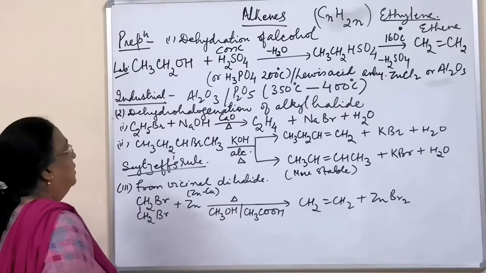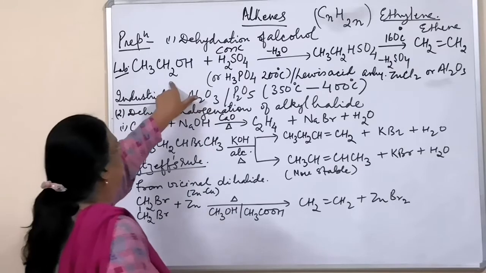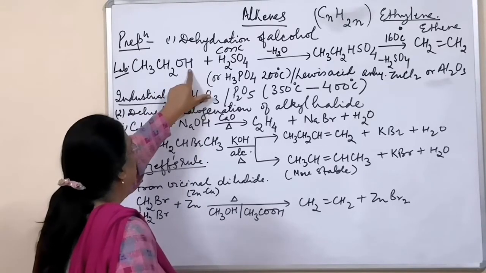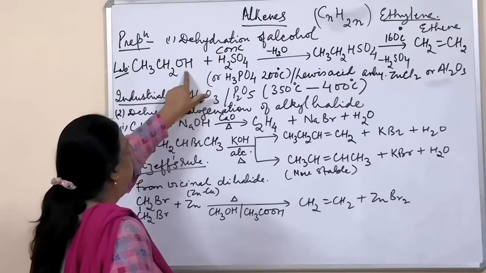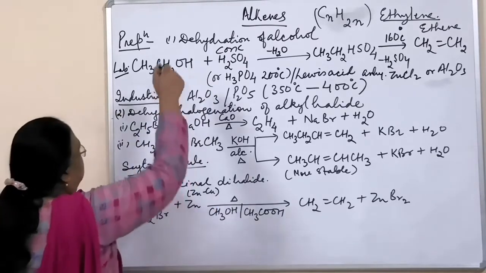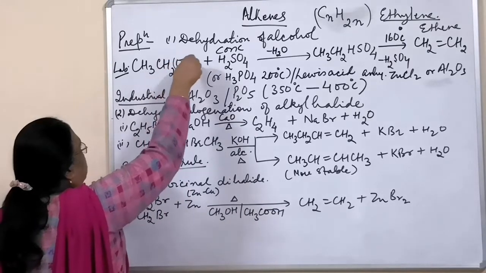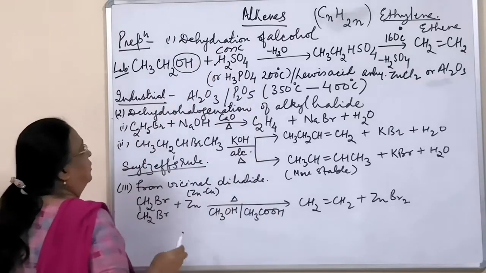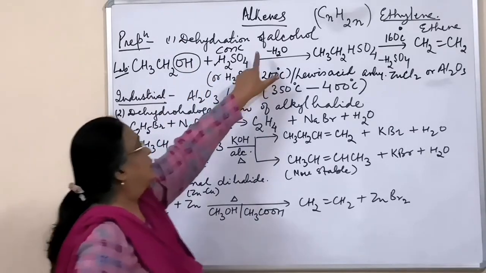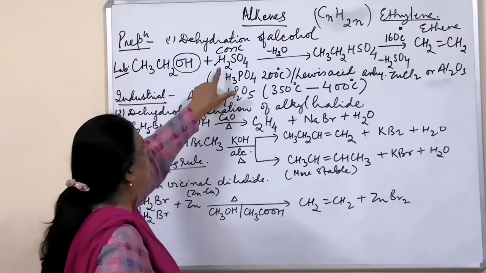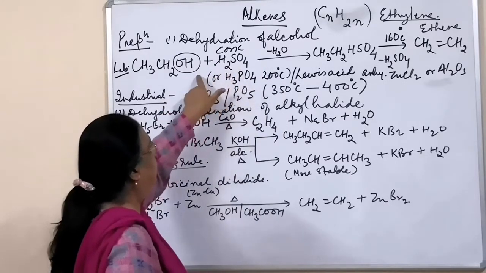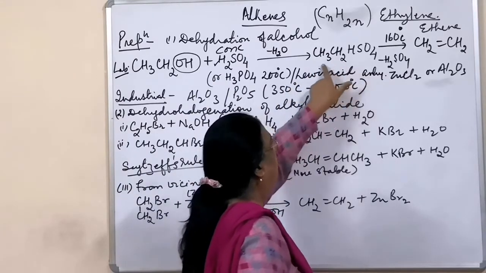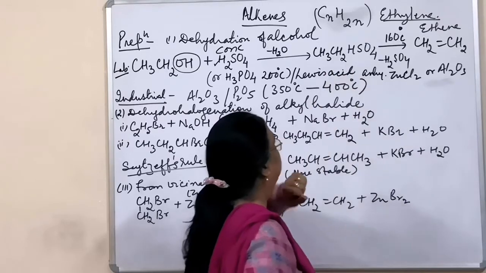With sulfuric acid, from here one hydrogen, this OH is out, first H then O, so this whole group is out with one of the hydrogen, so water is out, and in place of OH, HSO4 bisulfate is attached here, and so it is ethyl hydrogen sulfate or ethyl bisulfate.